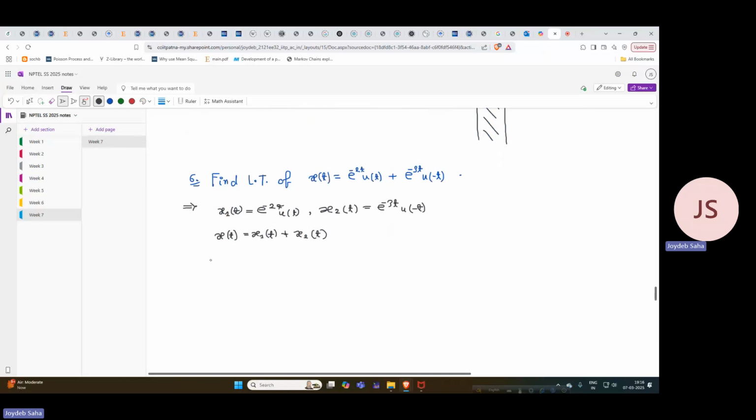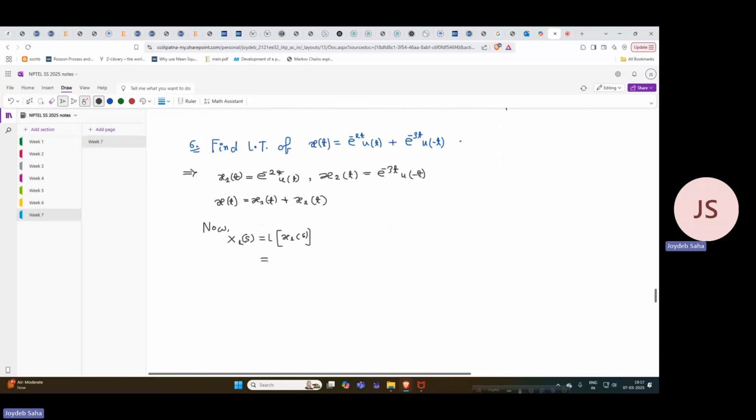So now X1(s) is equal to Laplace transform of small x1(t), which is Laplace transform of e to the power minus 2t u(t).